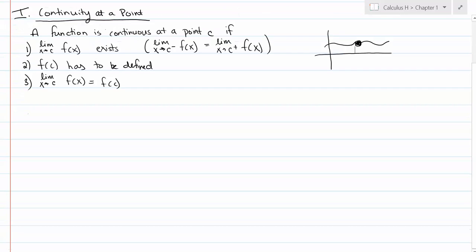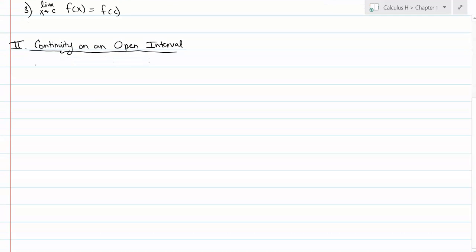Alright, just a little review about open and closed intervals. First, continuity on an open interval. If you remember interval notation from pre-calc, a function is continuous on an open interval when we're just looking from a to b.